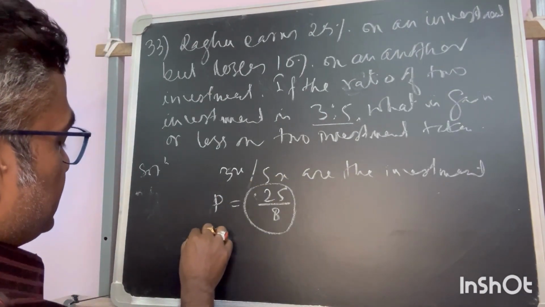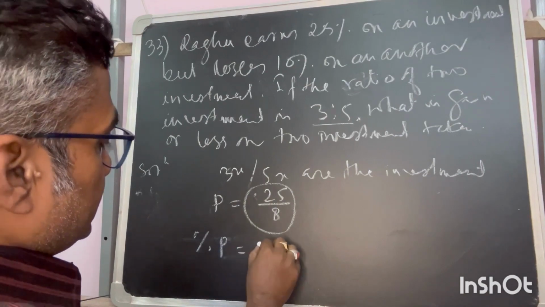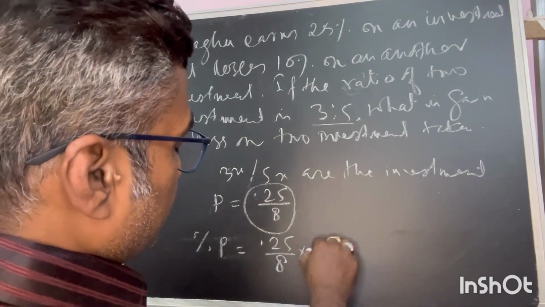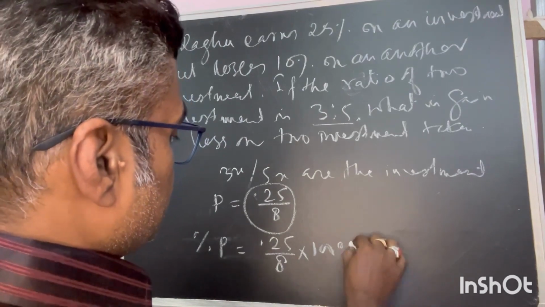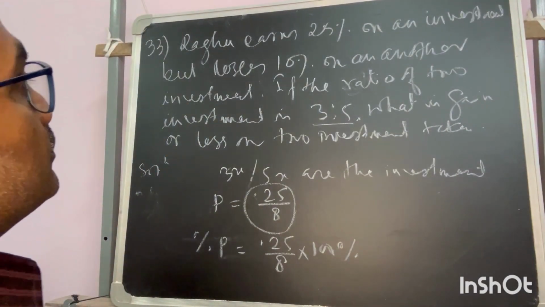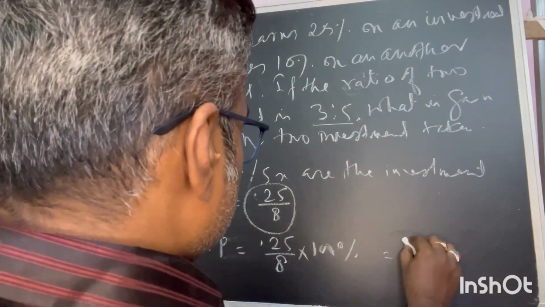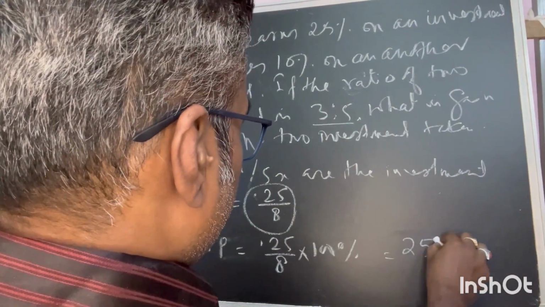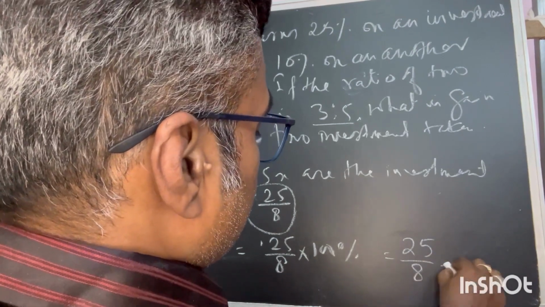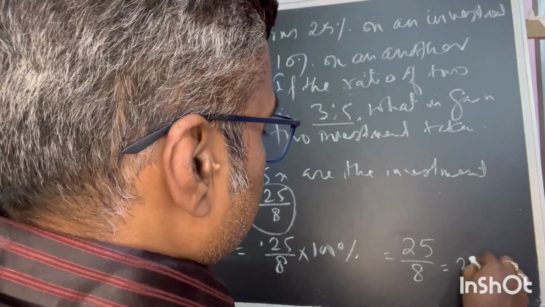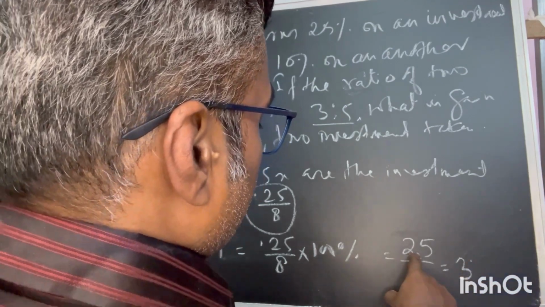This is something in fraction I'm getting. So the percentage profit, if I calculate, is 0.25 into 8 by 100 into 100 will give you the percentage of profit. So this is equal to 0.25, if I calculate, this is 25 by 8, is equal to how much? 3 8 24.